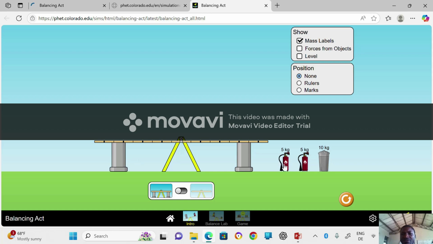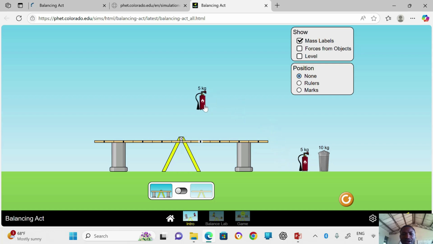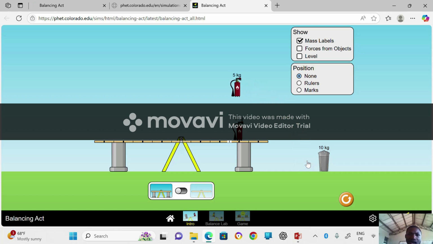Now let me use 5 kg at this distance, and let me pick 5 kg again and put it at an equal distance.